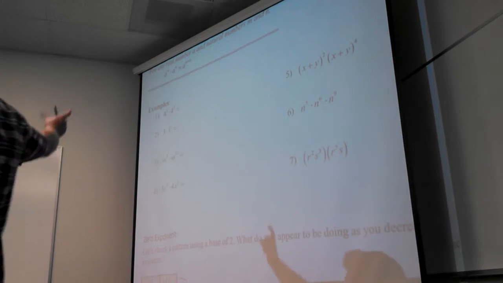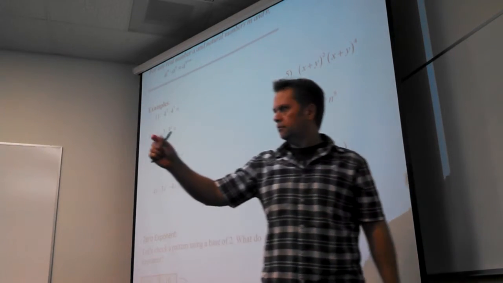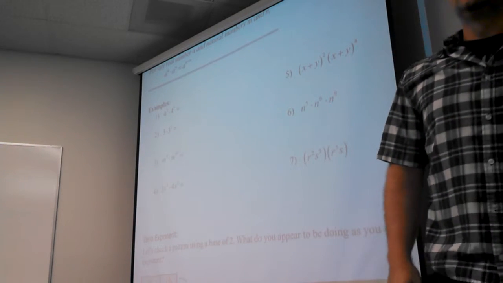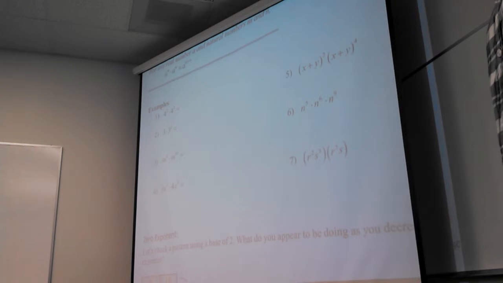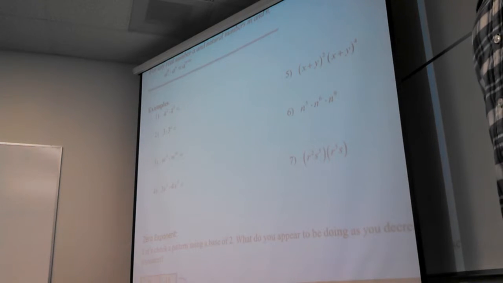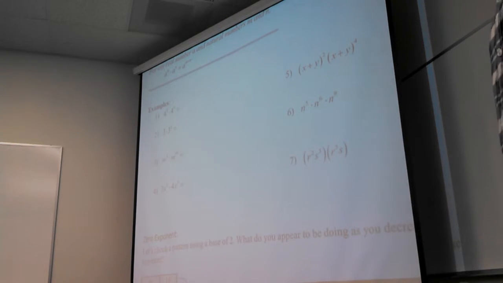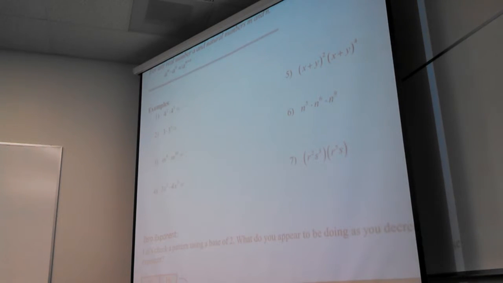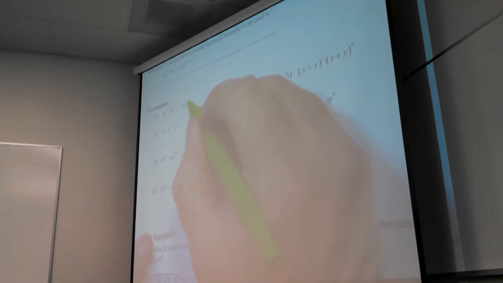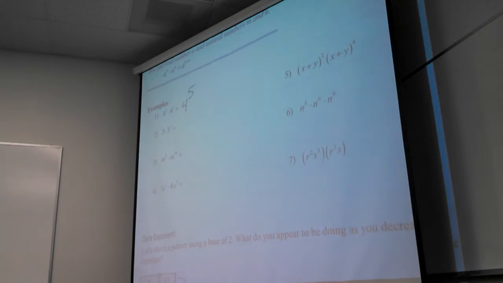Just put these together using properties of exponents. For example, the first problem, I don't want you to do 16 times 64. That would be 4 to the what? Yeah, 4 to the 5th power. So don't actually multiply them out. Just use properties of powers to combine them.